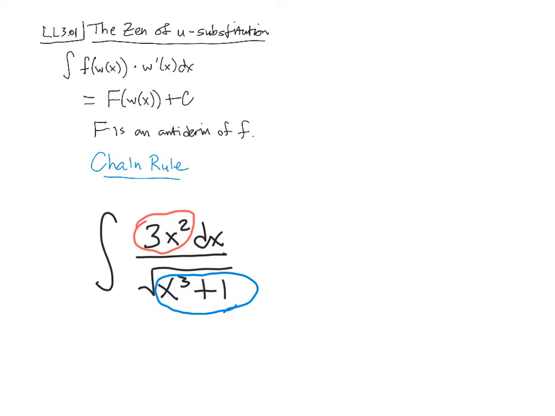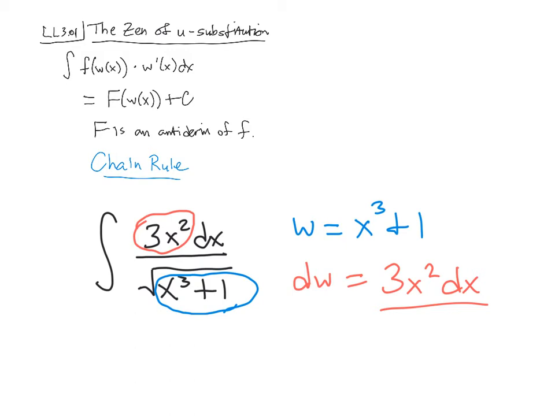So one thing that I can do is I can let w, you can use u or w, doesn't matter, I can let w equal x cubed plus 1, and then let dw be the derivative of that times dx. So the derivative of x cubed plus 1 is 3x squared, and then multiply that by dx. That's for the reason we talked about last time, that entire thing gets encoded as dw.